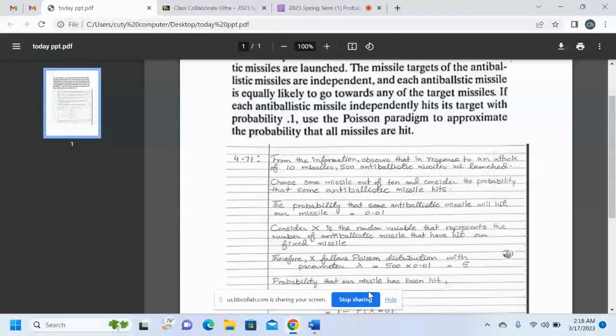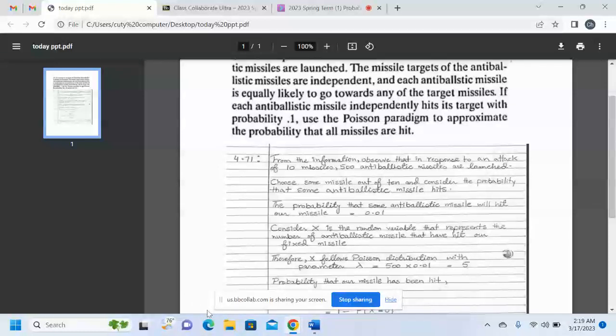First of all, the probability that some anti-ballistic missile chooses that fixed missile as its target is 0.1, since it chooses randomly. Also, if that was the case, the probability that it has been hit by the anti-ballistic missile is 0.1. Thus the probability that some anti-ballistic missile will hit our missile is 0.01.